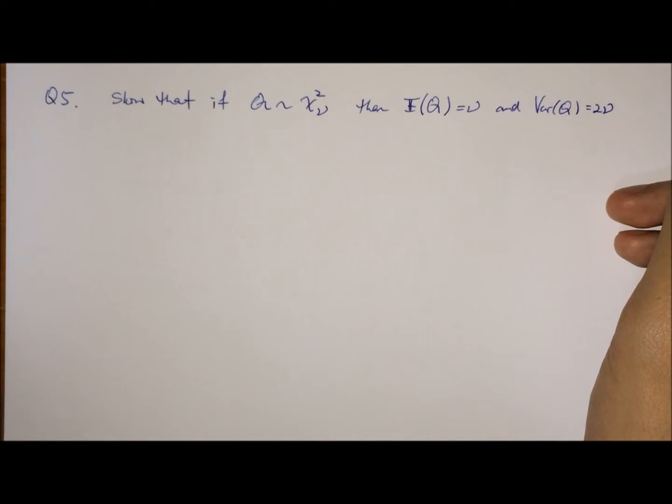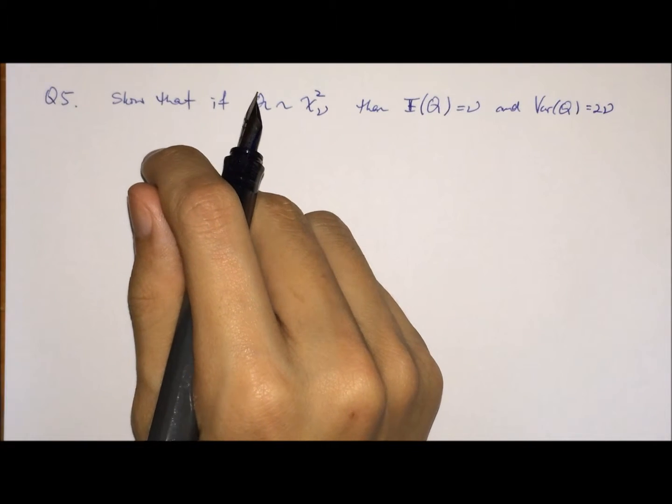Okay. So let's just compute the moment generating function for the chi-square random variable.